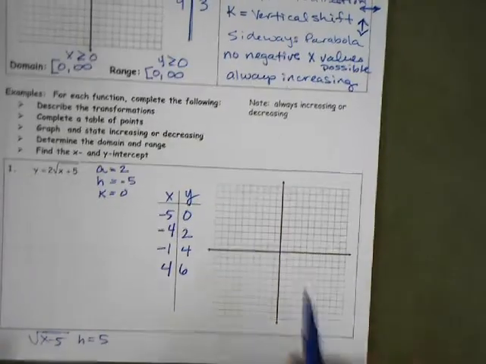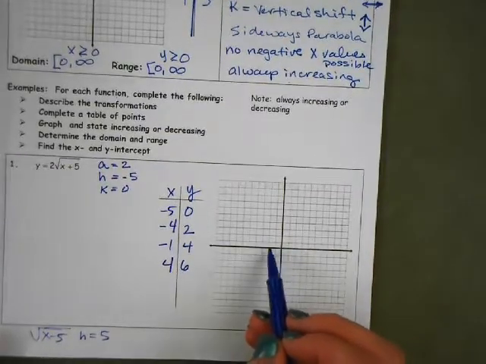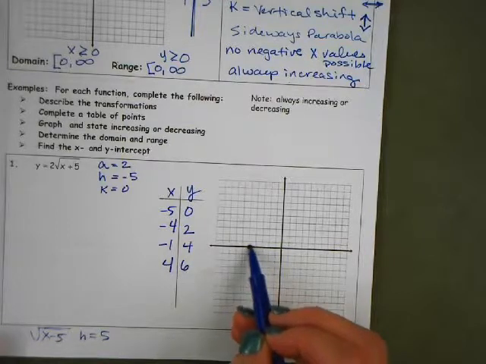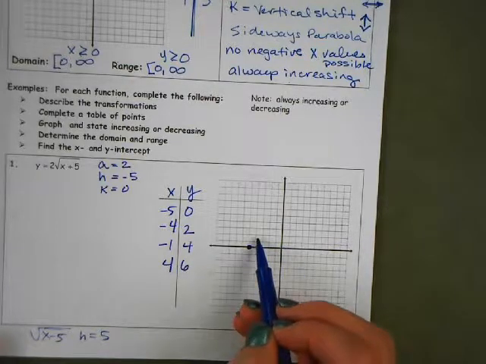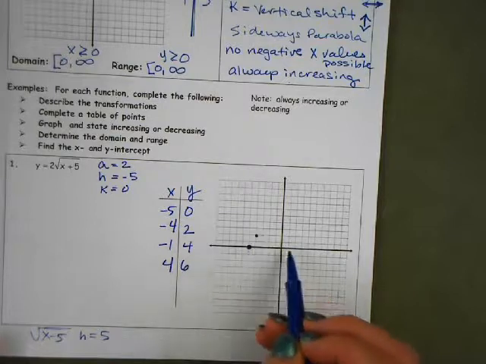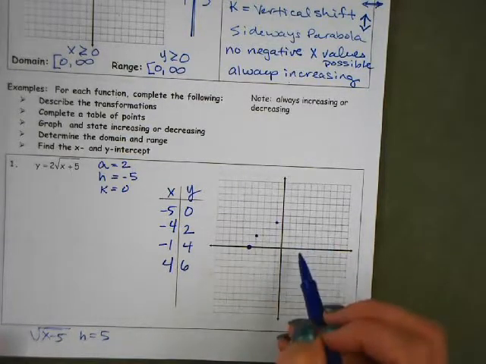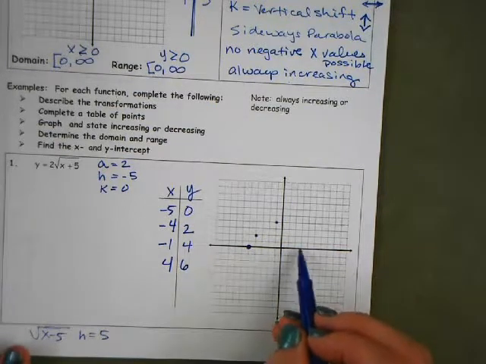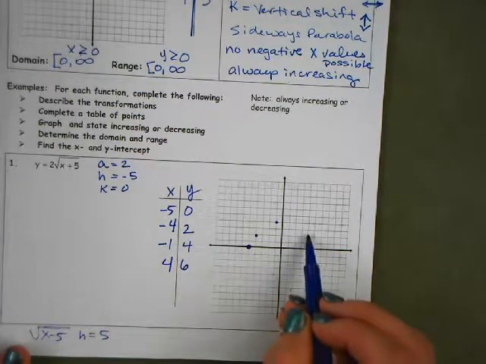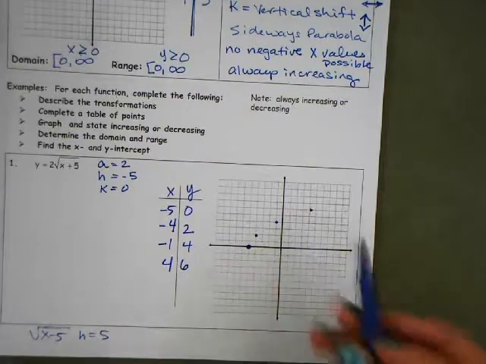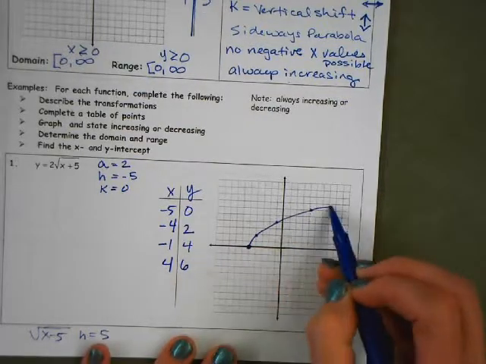So I'm going to go and plot. I'll do -5, 0. I'll do -4, 2. I'll do -1, 4. And I'll do 4, 6. Okay, and then I'll connect them like this.